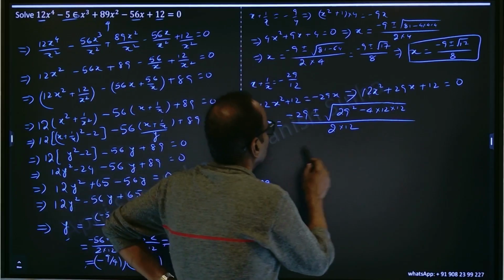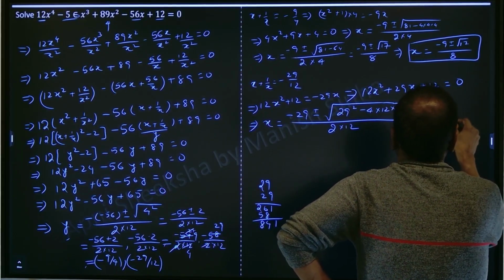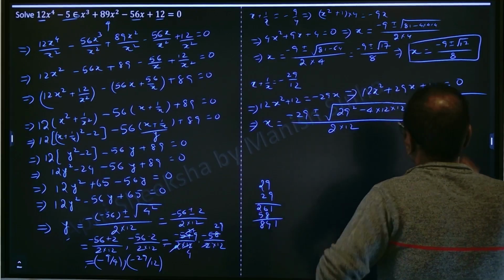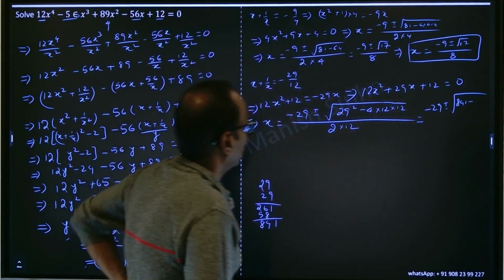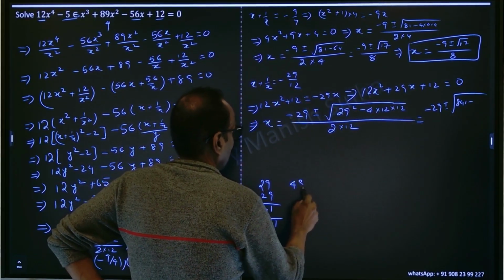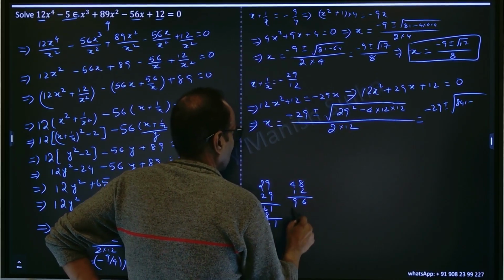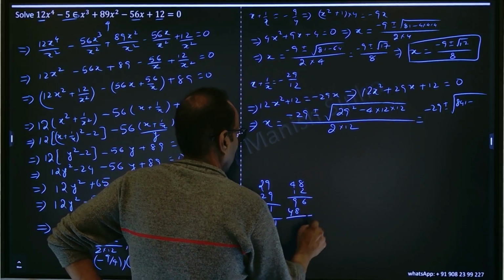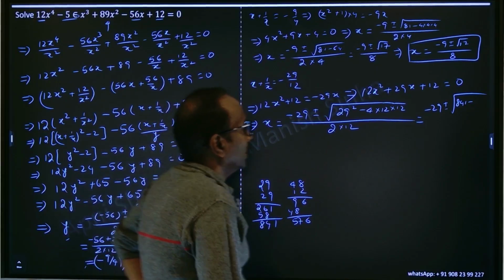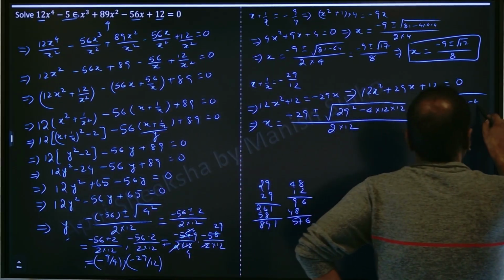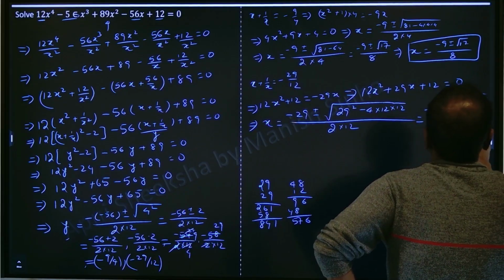So first term is your minus 29 plus minus 841 minus this is 48 into 12. 576 divided by 24.